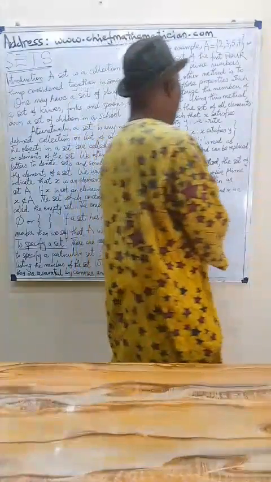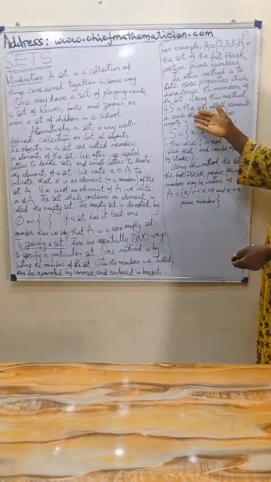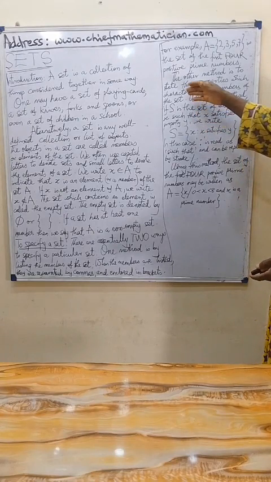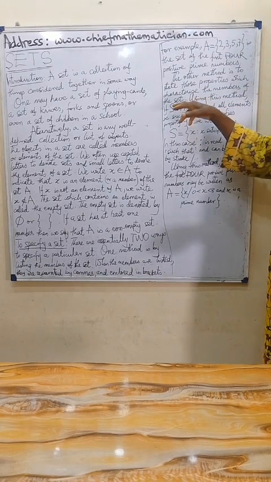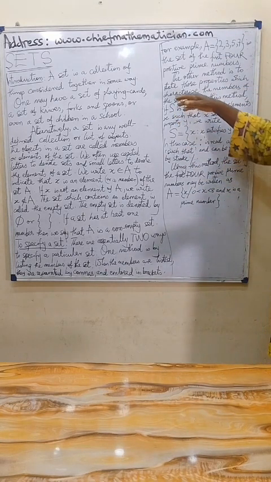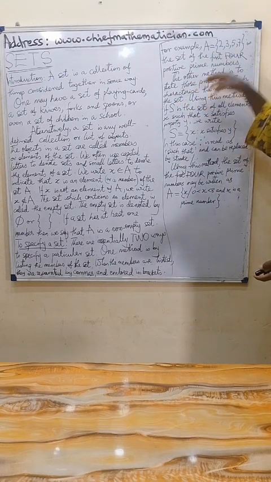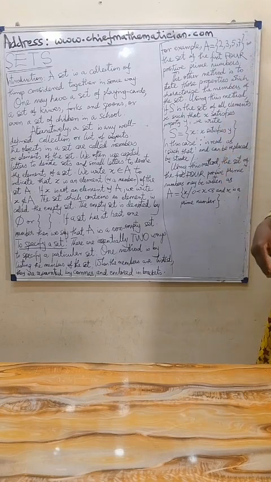You see how we mentioned the properties which characterize the members of the set. All these things that are written here give us the properties which characterize the members of the set.